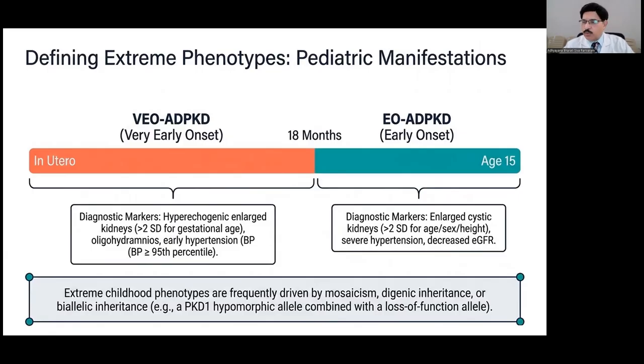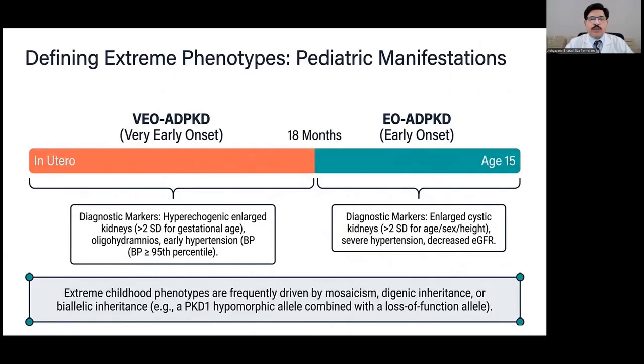Early onset is from 18 months to 15 years. So the pediatric syndromes are of two types: VEO-ADPKD and EO-ADPKD. Very early means before 18 months, including intrauterine life. EO-PKD is 18 months to 15 years.